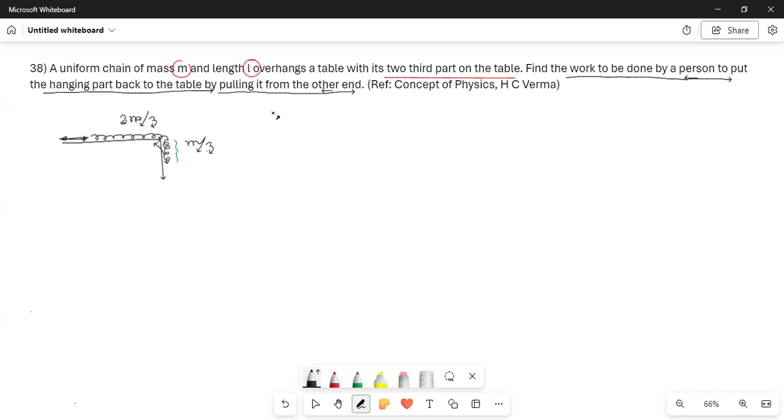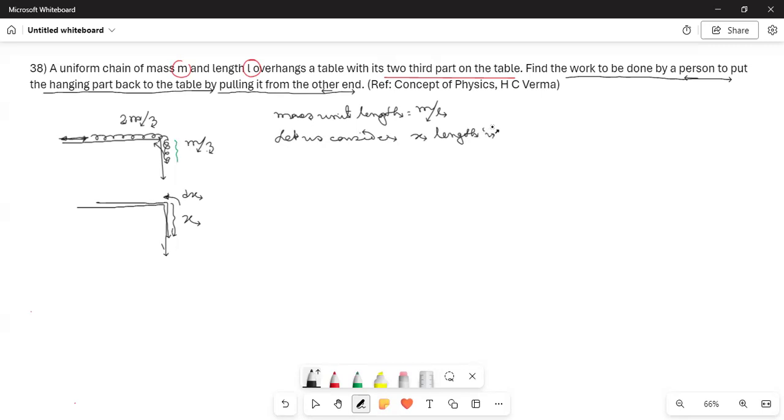So here you find that mass per unit length is equal to m upon L. Now you consider that initially x length is hanging. Let us consider x length is hanging.